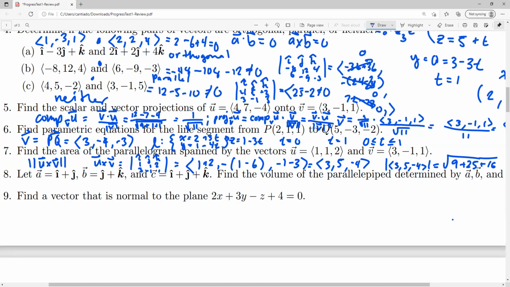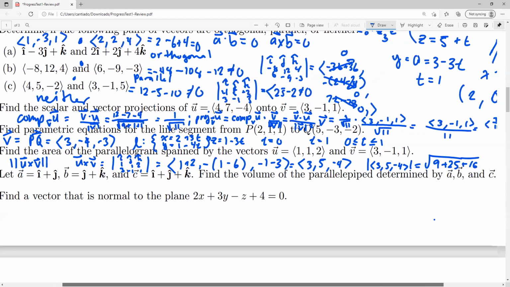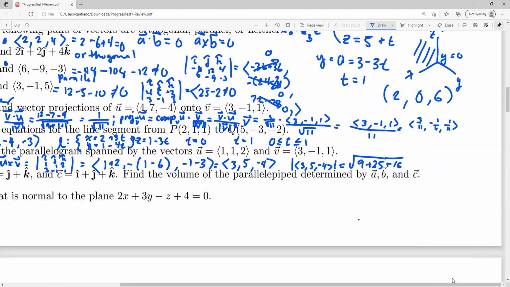If we simplify that further, 9 plus 16 is 25. So this is square root 50, which can be simplified to 5 root 2, I believe. Yes, because this is the same as 25 times 2. So that's how I got this, right?